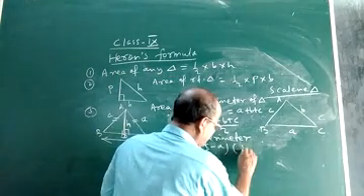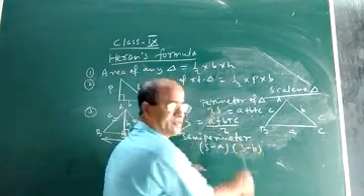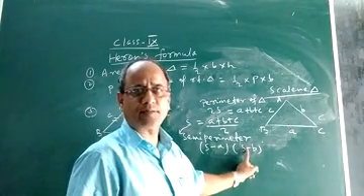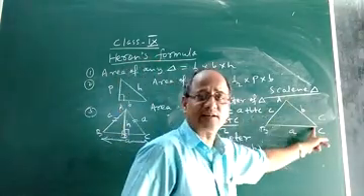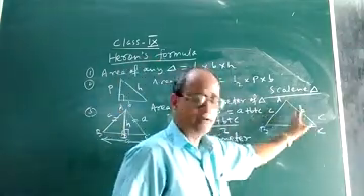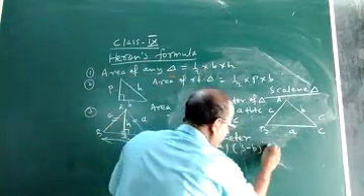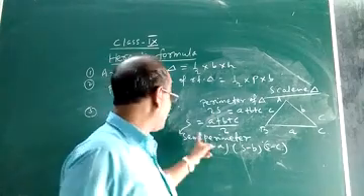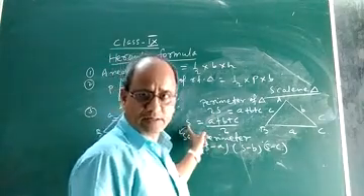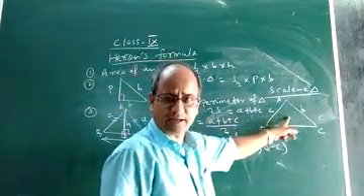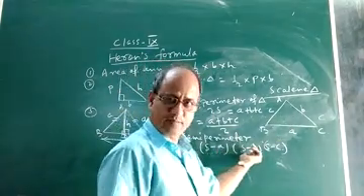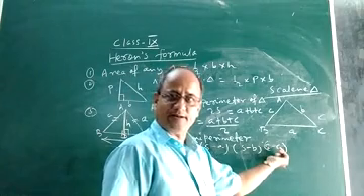Again you find the difference of b from s, that means s minus b. Then you find s minus c. So what I mean to say, children, is that after finding the semi-perimeter of this scalene triangle, first you find s minus a, then s minus b, then the value of s minus c.